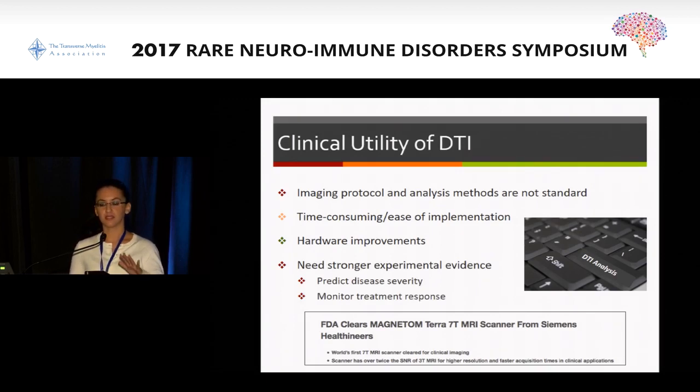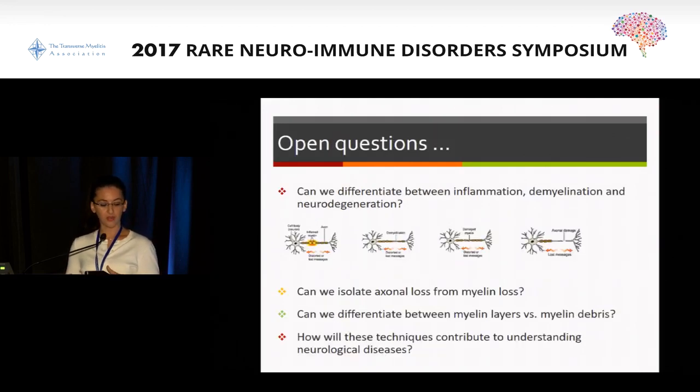We need these imaging techniques to show or to be able to predict disease severity and monitor how patients respond to treatment. And I think this is the most important part for this to make it to the clinic. And I think we even have to push the agenda further and find ways to differentiate between myelin loss versus axonal loss.